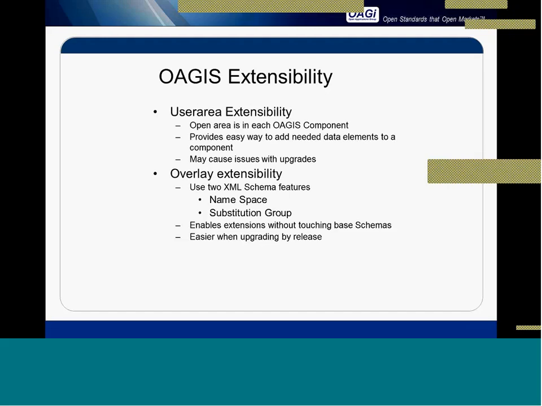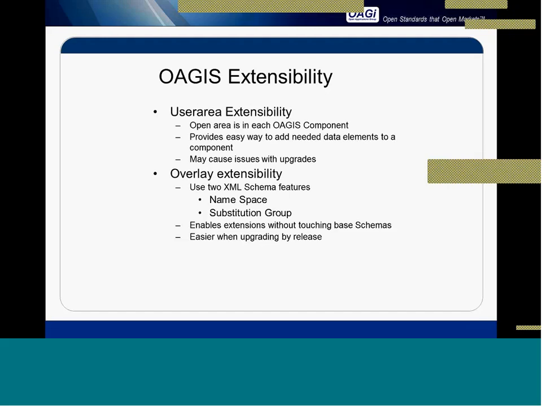And like I said, we already provide these in every single component. It provides an easy way to add your necessary data elements or components within the existing standard, and it also isolates where they are. One issue that may come up with this, though, is because we actually changed the base standard, when new releases come out, it may cause you to reapply some of these changes.